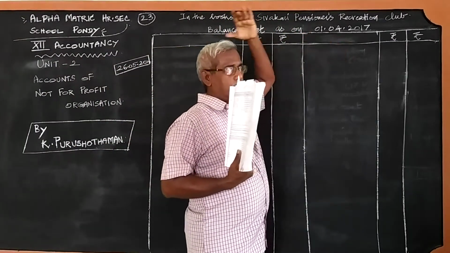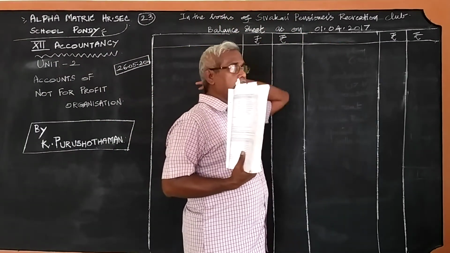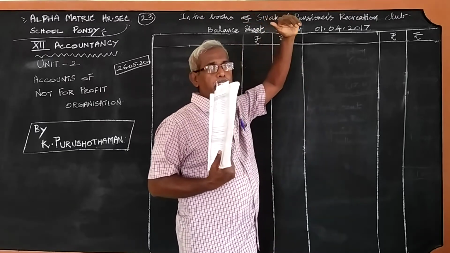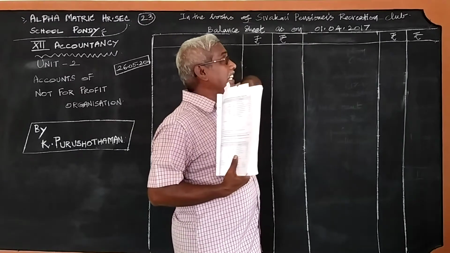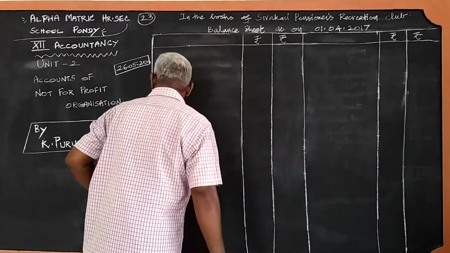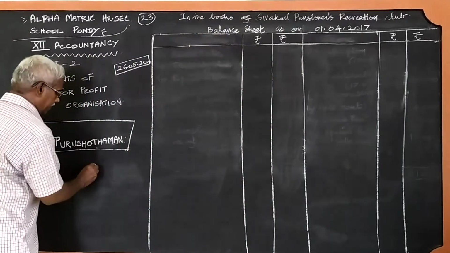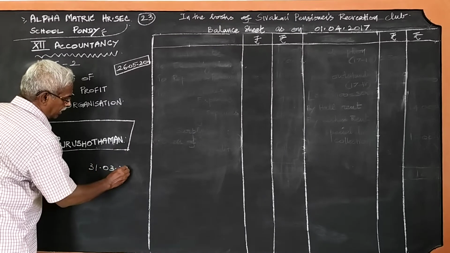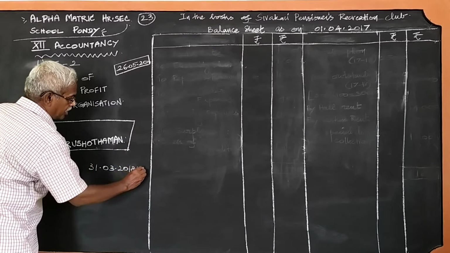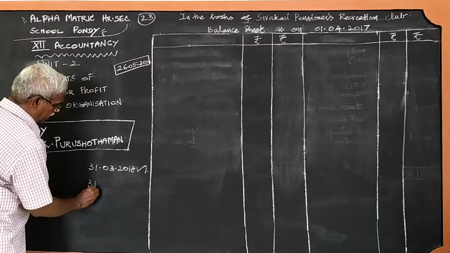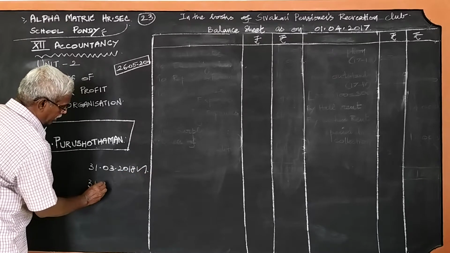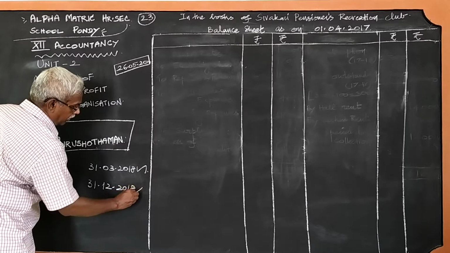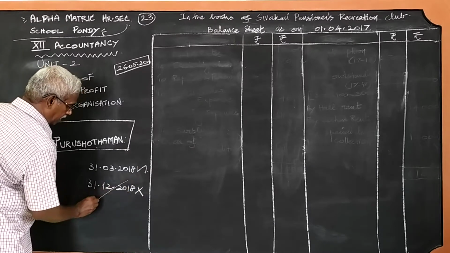And also, I want to rectify the date. What is given at the top of the income and expenditure account, you should read as 31/3/2018. 31/3/2018, this is correct. 31/12/2018 is wrongly written.